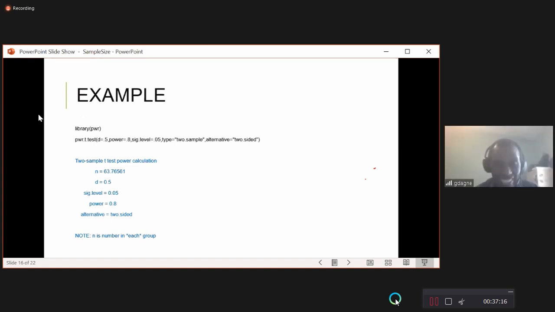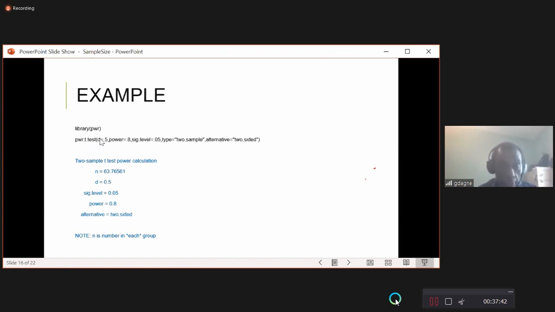Anyhow, you have to download the pwr package in R, install that, and then in order to use it, you say library and bring that in. You generate the functions, and then I'm going to go to one example here: power.t.test.